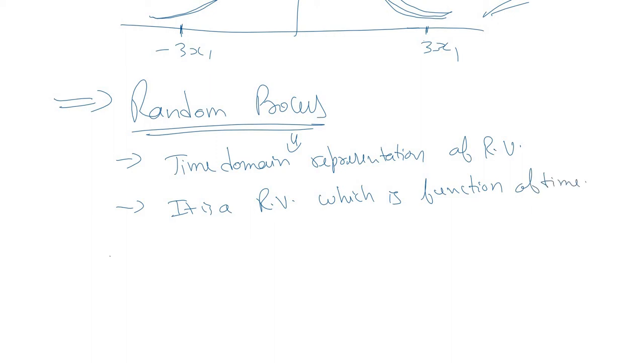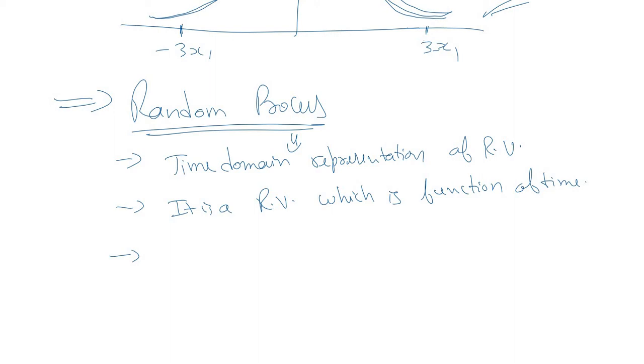Alright, so a basic concern in the statistical analysis of communication system is characterization of random signals, such as voice signals, television signals, electrical noise, etc. All these random signals are functions of time.